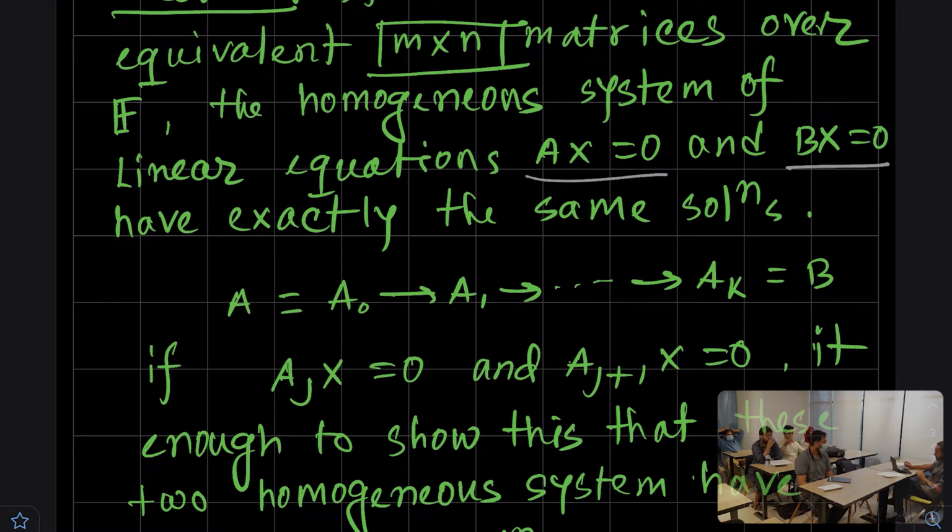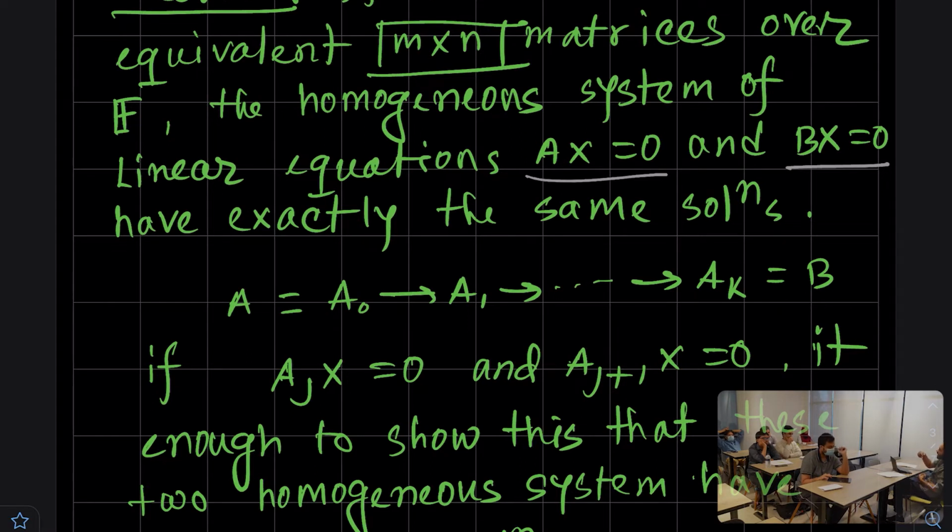And we can also do it vice versa: if we have a system and we make another system, the solution of the first system is included in the second system, and when we do the opposite, the solution of the second system is also included in the first system. So we can say that equivalent systems have exactly the same solution. I was saying whether this is the proof. Yeah, this is the proof, right?